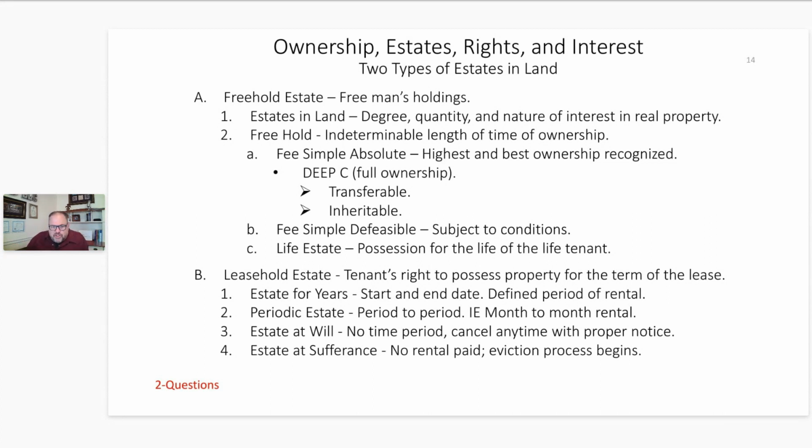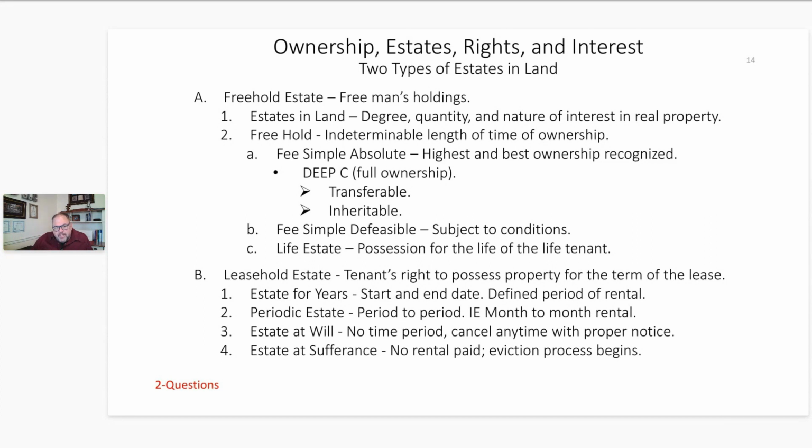Now, for the state exam, you want to know these terms, what estate for years means. An estate for years means there's a start and end date. It could be for hours, days, months, or years. The key is there's a start date and an end date. That means there's no requirement for termination because you got an end date.